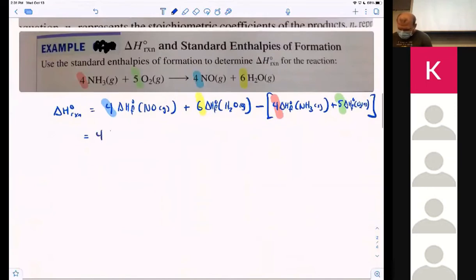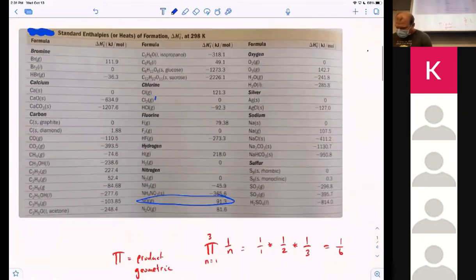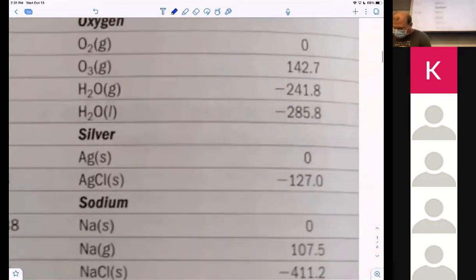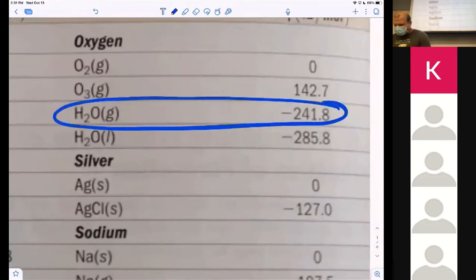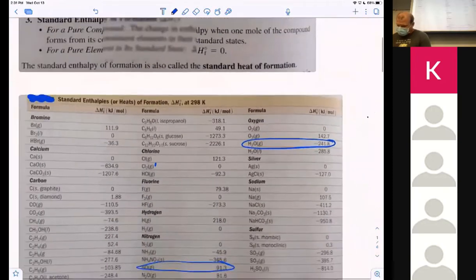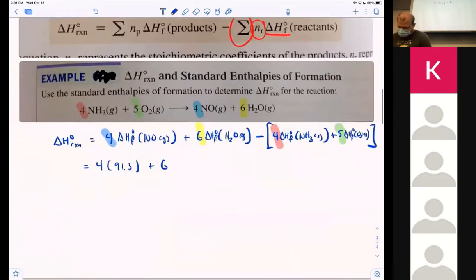So 4 times 91.3 plus 6 times water. Okay, and make sure that you use the gas because the liquid is a different number. So minus 241.8.